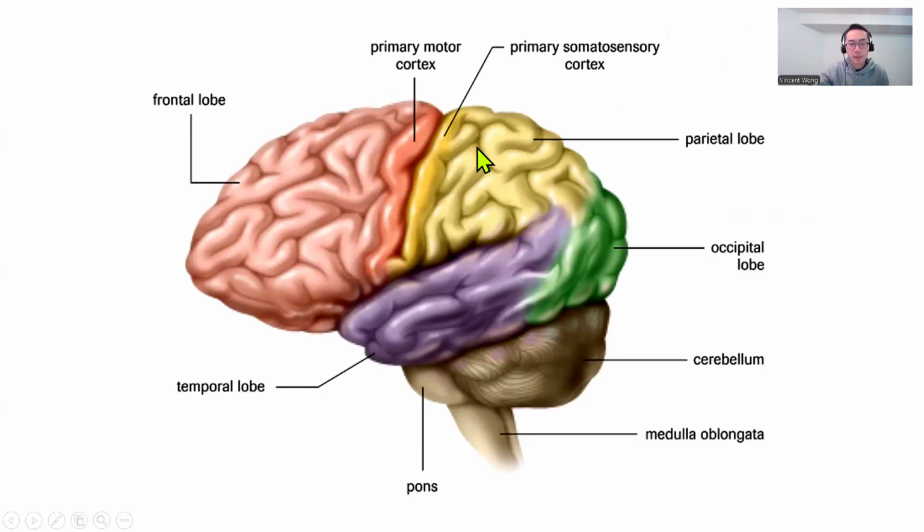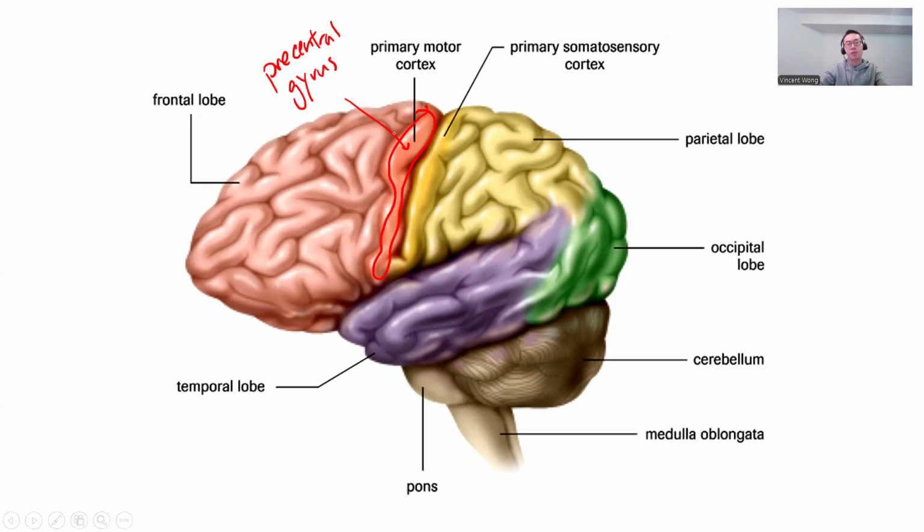You probably are familiar with this picture because we labeled it last time. Once again, we have the frontal lobe, and at the back of the frontal lobe, you can see the primary motor cortex, which is located on this strip here, right? It actually has a name. It's called the precentral gyrus. We labeled this already, but let's write it down again. That's the name of this bump.